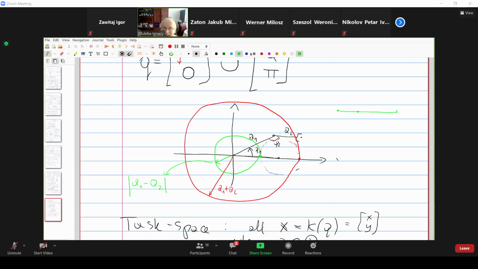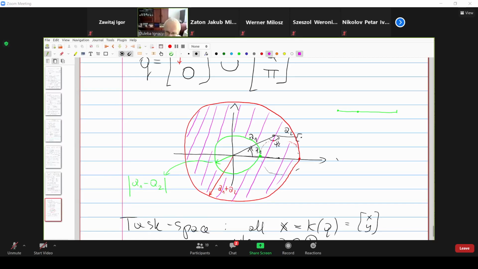So the task space in this particular case looks like this. Okay, so we have two circles centered at the same point. The outer radius is A1 plus A2, but the inner radius is the absolute value of A1 minus A2.